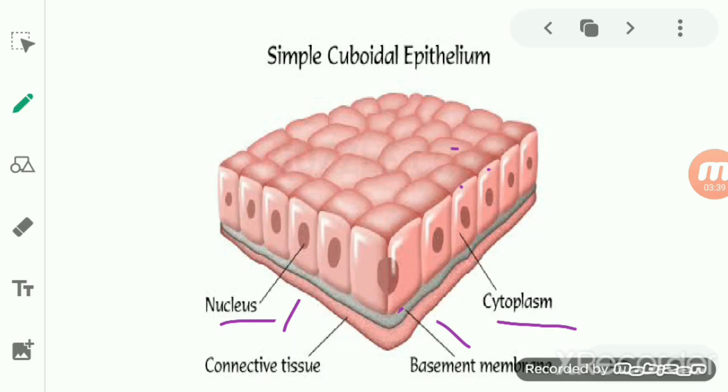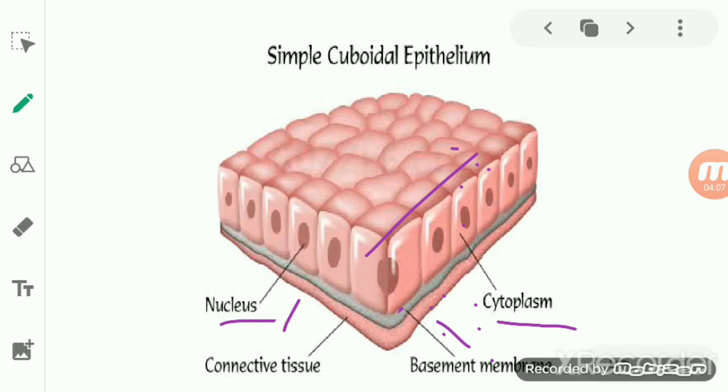You see that this simple cuboidal epithelium is present on a non-cellular membrane, that is the basement membrane. One surface is covered by the basement membrane, but the other surface does not have the basement membrane. Thus we can say that the opposite side of the basement membrane is a free surface.